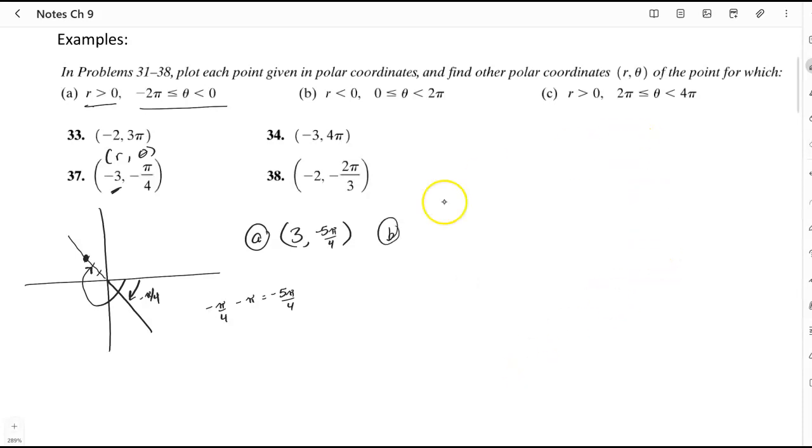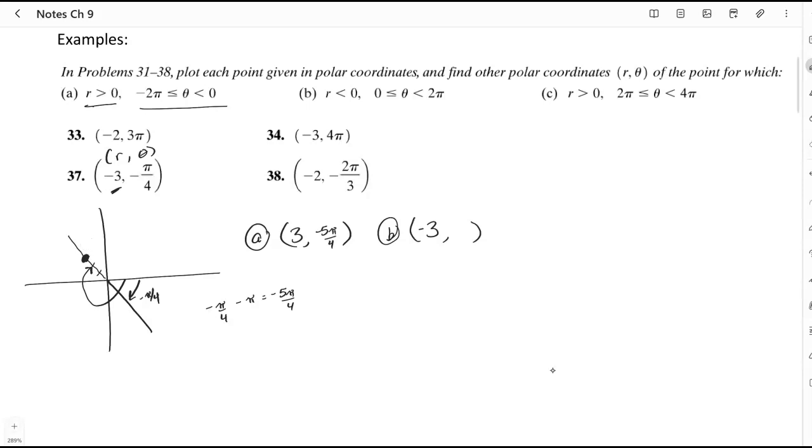B is asking us to produce a theta value that's between 0 and 2 pi, but they want r to be negative. Well, if they want r to be negative, we have no choice but to use a negative 3 here. Since we want r to be negative, we know we've got to move along the side that's opposite of the terminal side, but we still need to end up at this point here in the second quadrant.